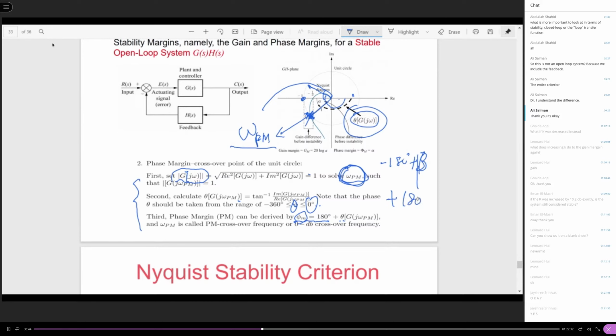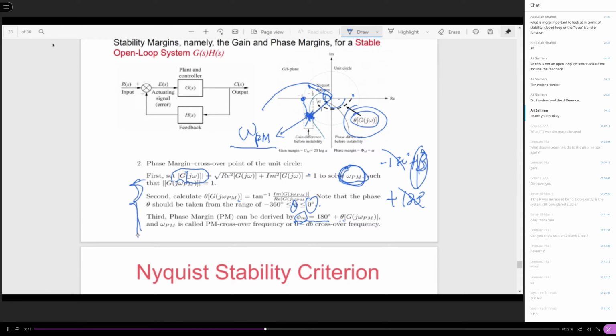So you add 180 degrees, and they cancel each other, leaving this beta. This beta is measured negative, so you have a negative phase margin. That is the unstable case. So for a stable system, the phase margin is always positive, which means this crossover point always stays below the minus 1 point.